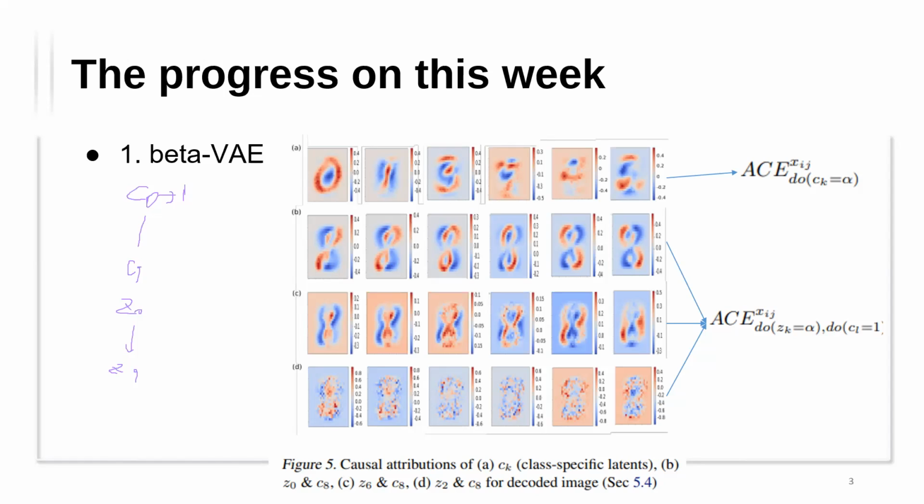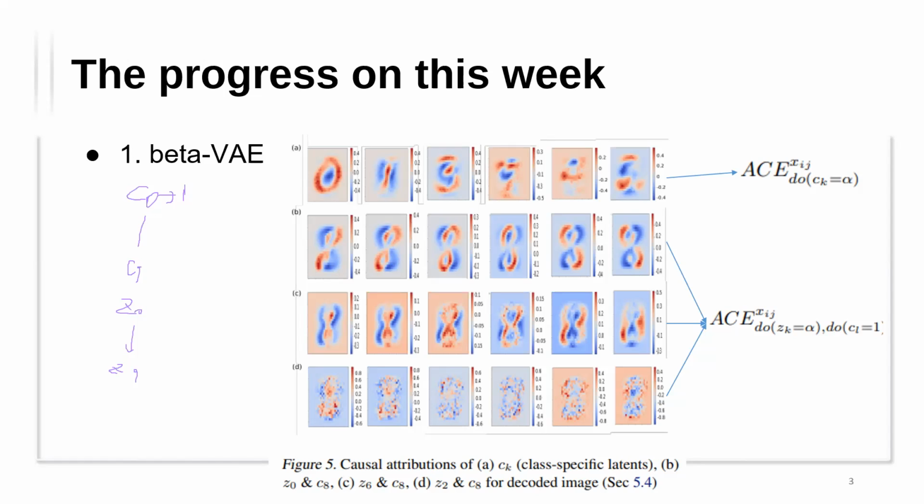Can you be louder? Okay. If the dimension of C0 is 1, it means that it will generate a digit with the shape of 0. Is that correct? Yeah, so C0 would be 1 and C1 to C9 would be 0.